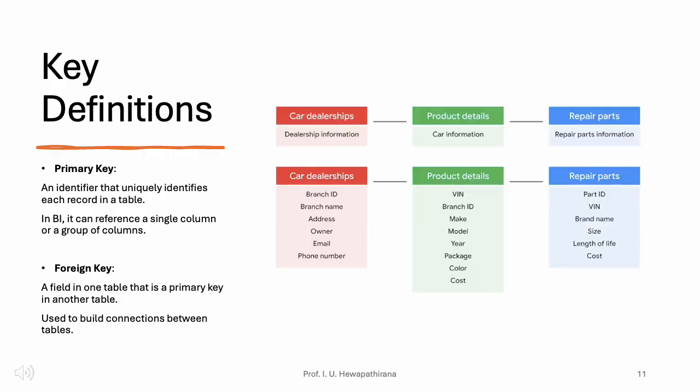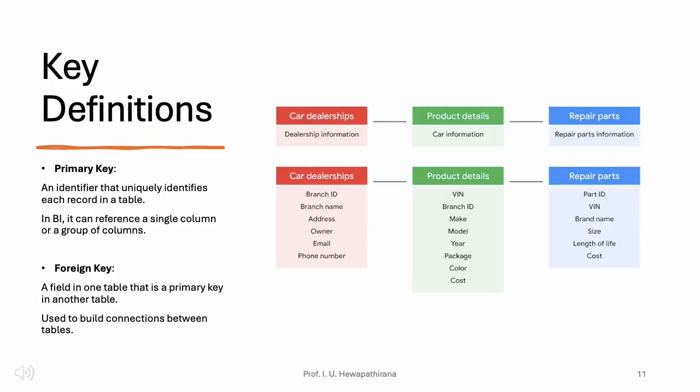A primary key is an identifier that uniquely identifies each record in a table. In the context of BI, this may reference either a single column or a group of columns, provided that each row in the table is uniquely identifiable. A foreign key is a field in one table that corresponds to a primary key in another table.